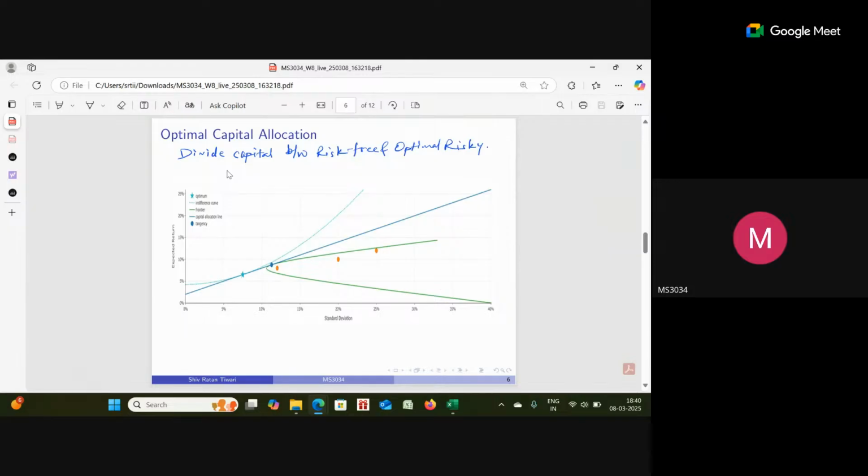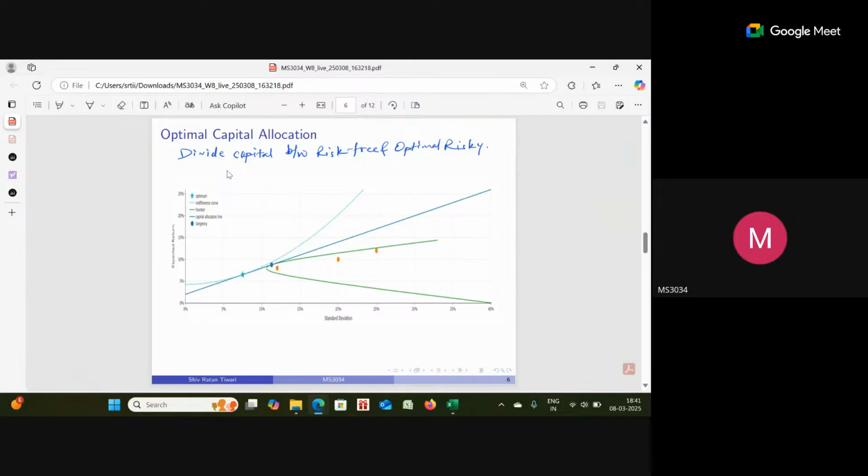Then according to your preferences, denoted by this indifference curve, the blue dotted line, where this indifference curve is tangent to this capital allocation line from the tangency portfolio or optimal risky portfolio, that star point is your optimal capital allocation.